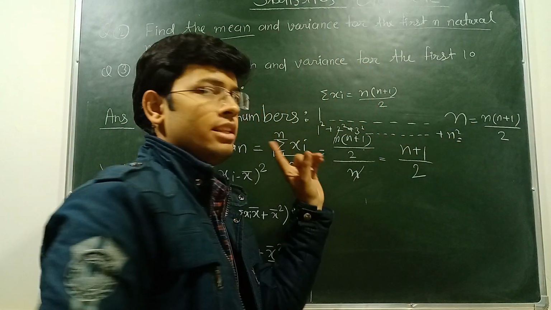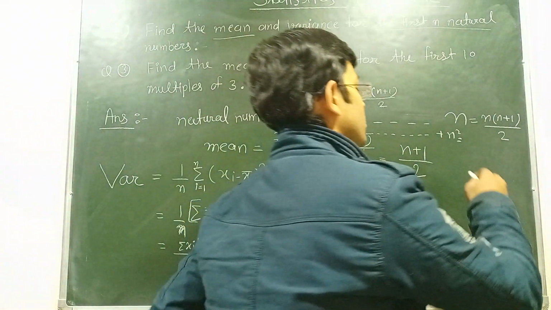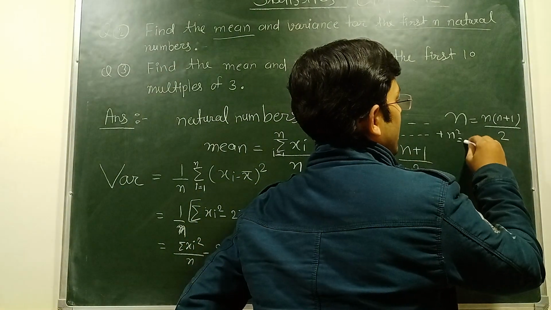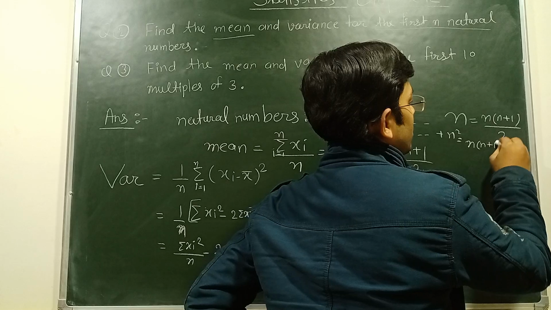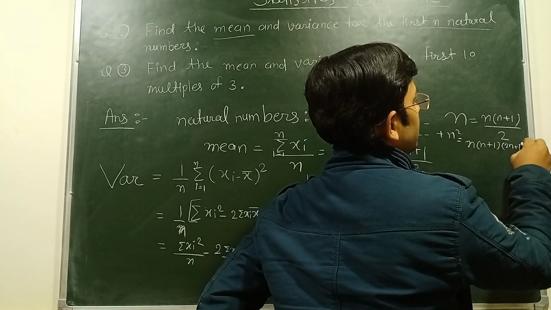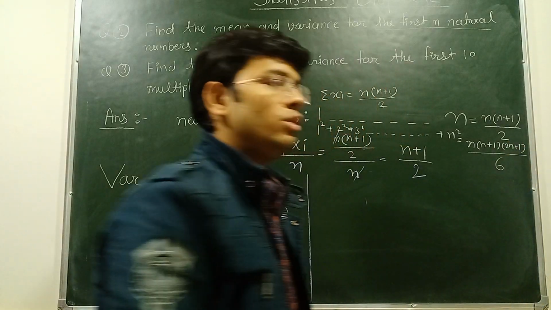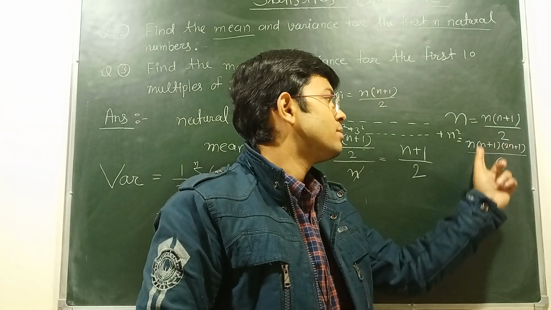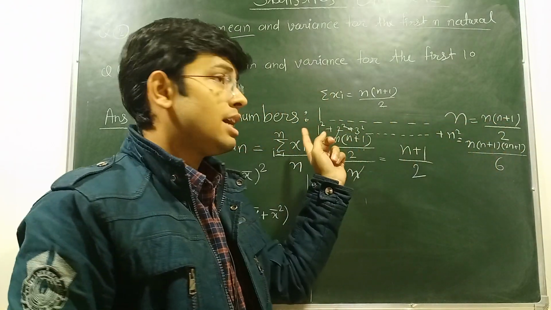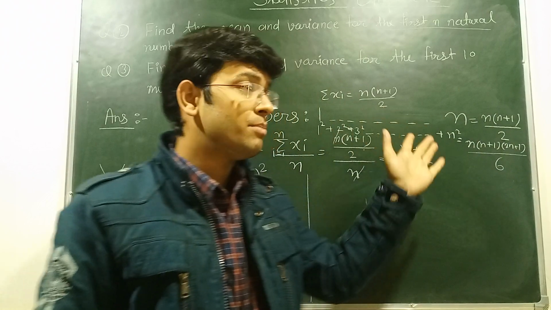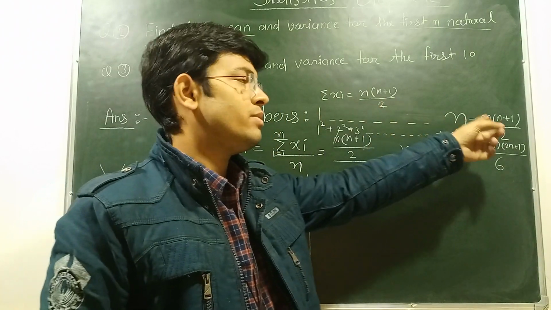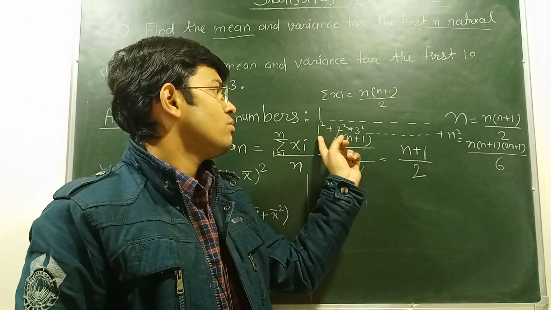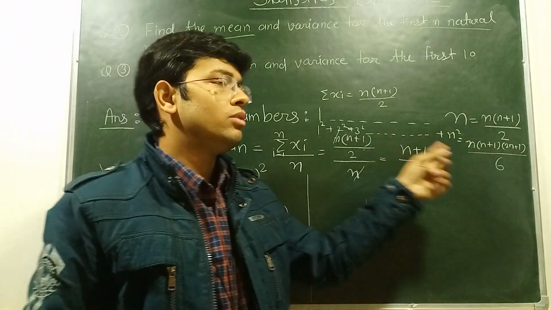When we add these numbers, we get n into n plus 1 into 2n plus 1 upon 6. You have to remember these terms, because these are the series of the numbers. When you add these numbers you get this, and when you add those numbers you get that term.